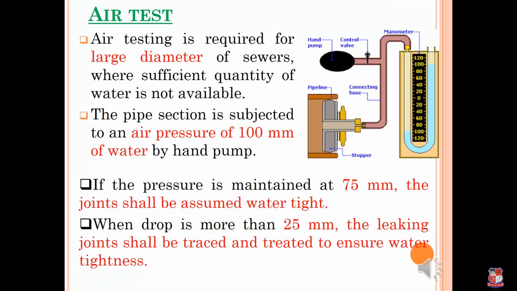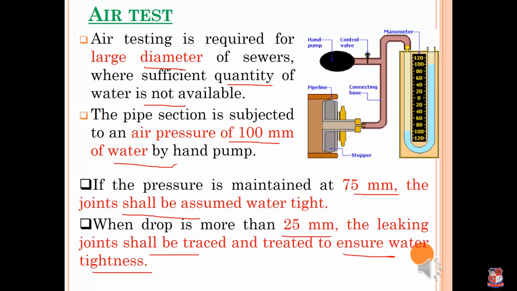The next test is the air test. Generally this air testing is required for large diameter sewers where a sufficient quantity of water is not available. For this, the pipe section is subjected to air pressure of 100 mm of water by hand pump, and if the pressure is maintained at 75 mm, the joint shall be assumed as watertight. But when the drop is more than 25 mm, the leaking joint should be traced and treated to ensure water tightness.